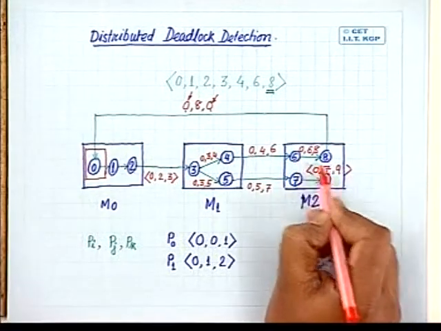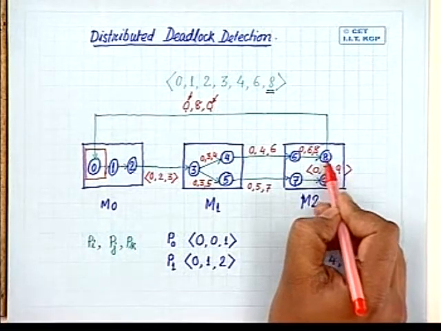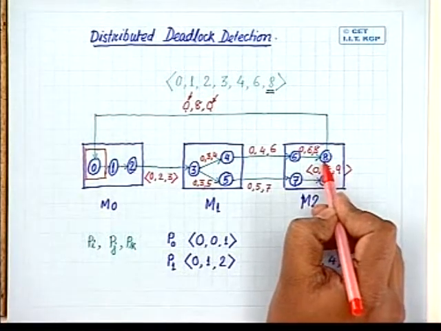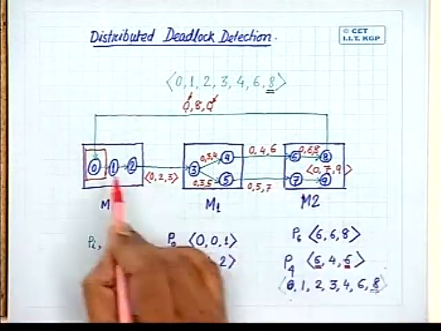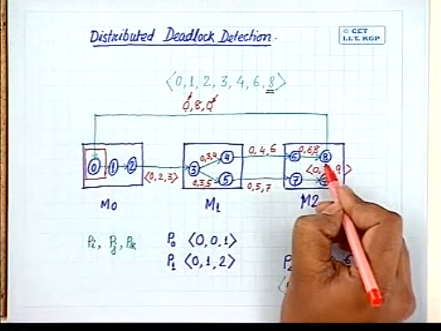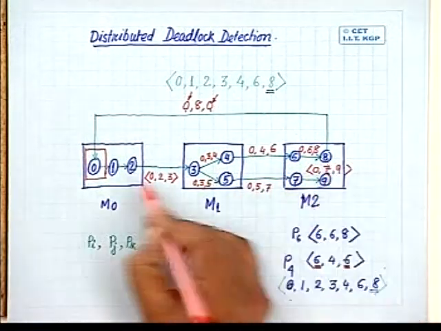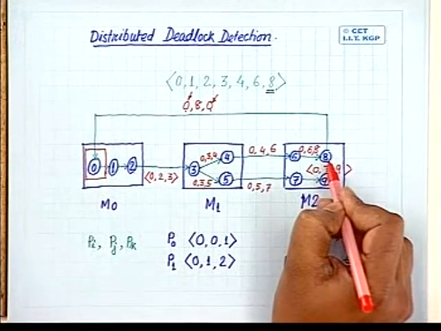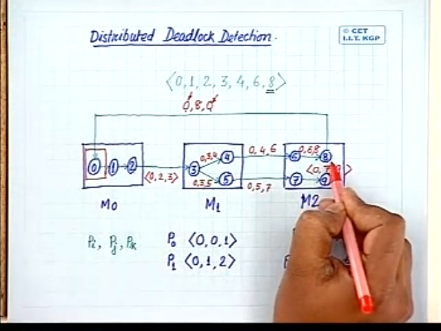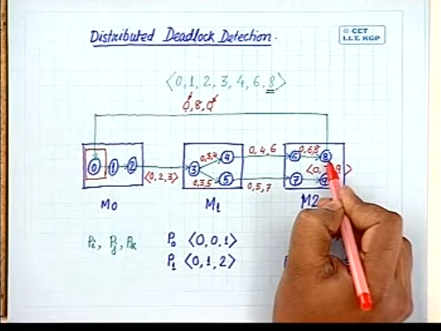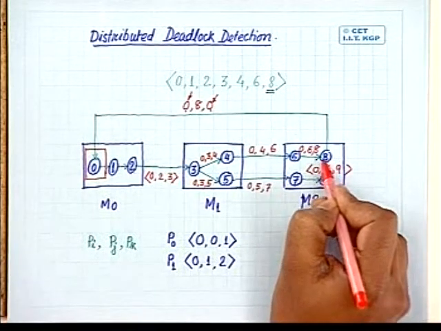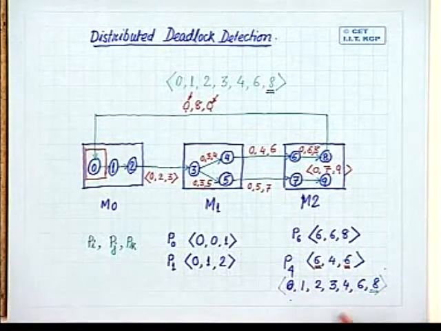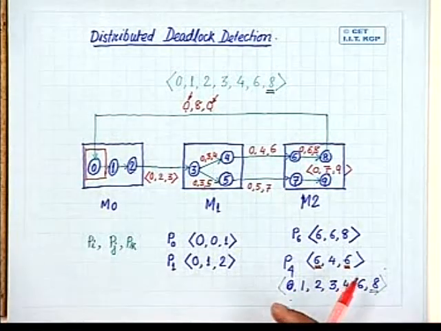But it will request process 8 because that is having the maximum identification number. So both of them will request process 8 to commit suicide. They are not committing suicide themselves. If process 8 finds that it is also involved in the occurrence of deadlock, the identification number of this process 8 is same as the maximum identification number. So process 8 will kill itself.